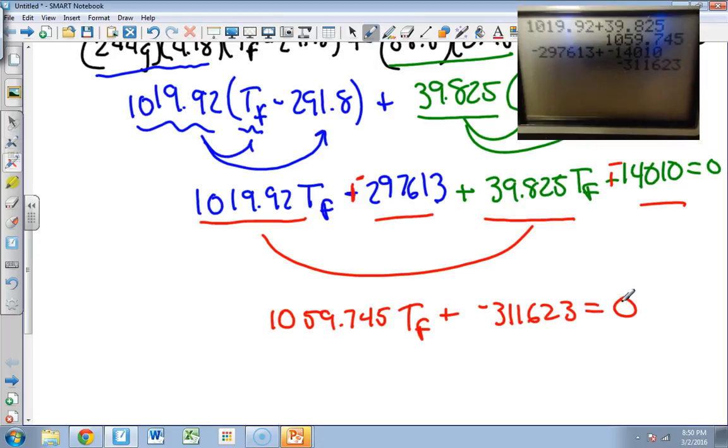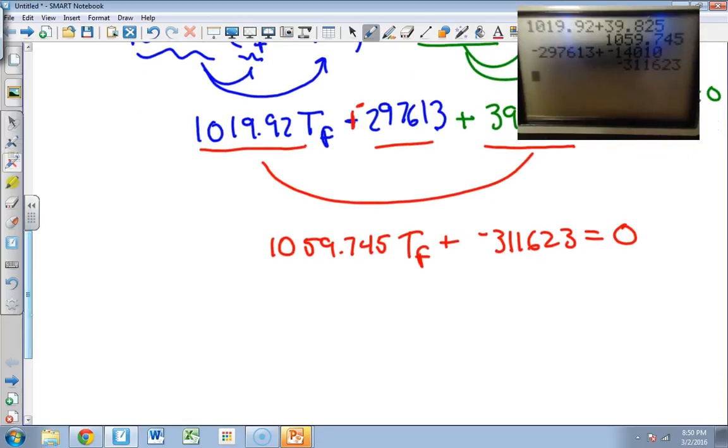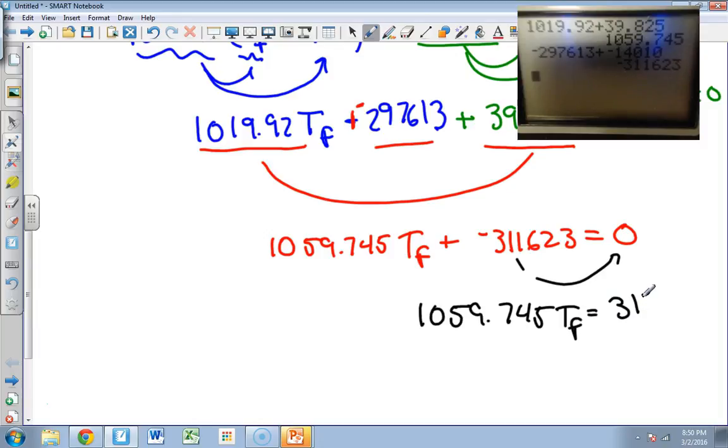So now we can solve for TF. To solve for TF, we're going to subtract a negative, so we get 1059.745 TF equals 311,623.